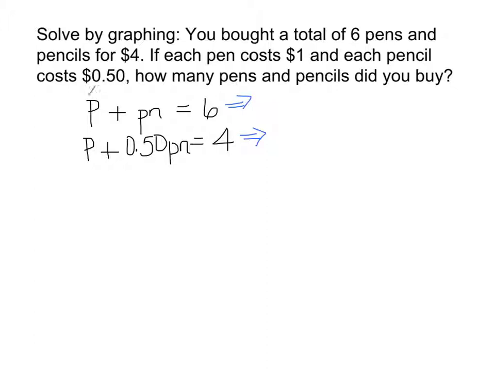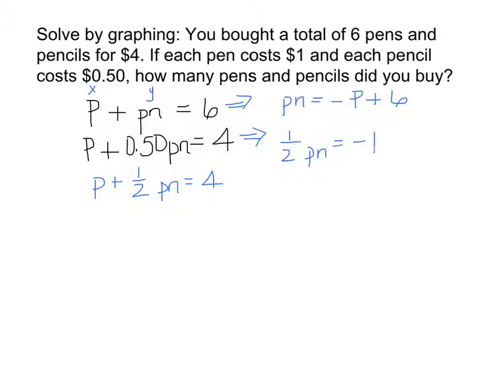But I'm going to let this be X and this be Y. And then over here, I'm going to change this to 1/2. And that way I can multiply everything by 2 to get rid of the half.